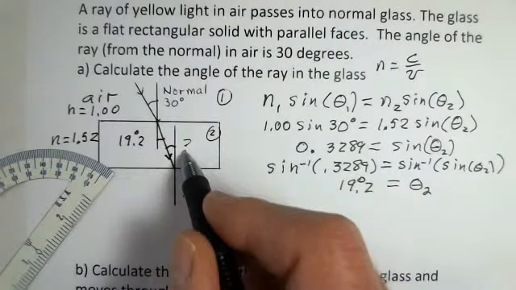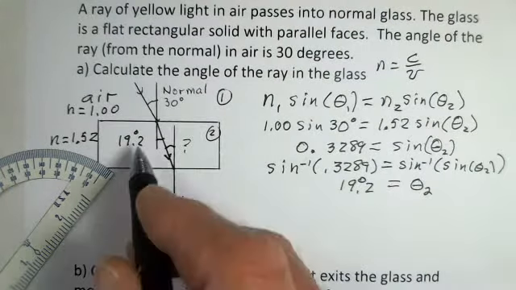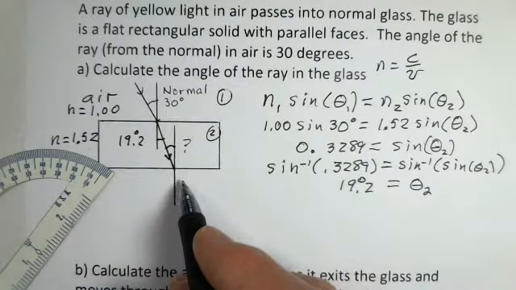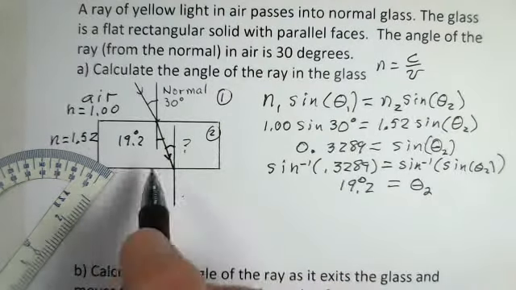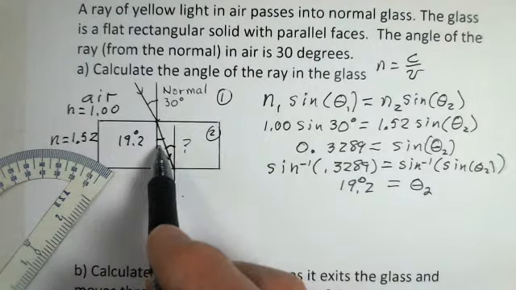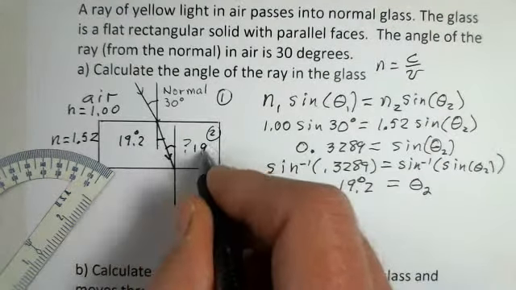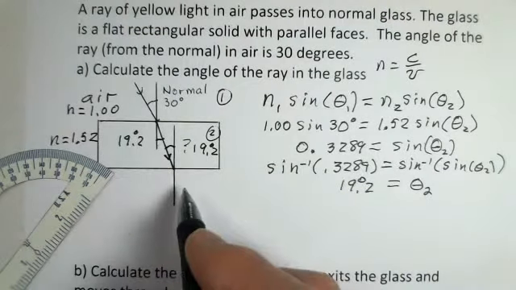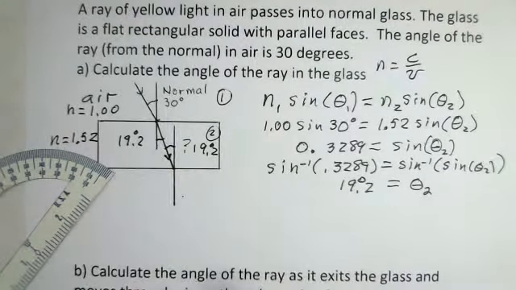What's this angle? We have two parallel lines. We have a straight line cutting through. The theorem of geometry, probably a theorem. 19.2 degrees here, same here, 19.2 degrees. Two parallel lines cut by a straight line. These angles are equal. So 19.2 degrees.